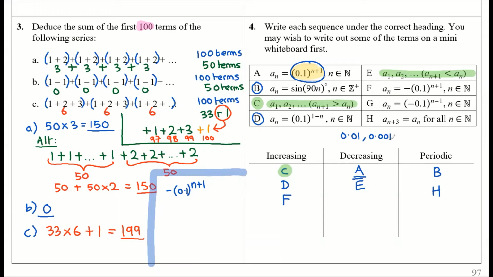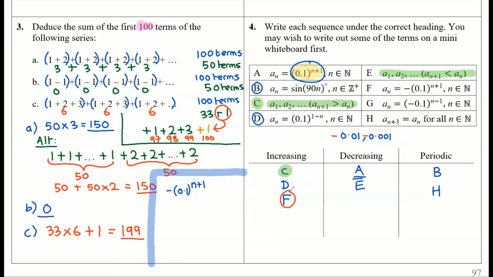Okay, now if you change the signs of those very quickly, you can see that's now increasing. It's getting closer and closer to 0, but never quite getting there. So it's increasing, but the gradient, if you think of it as a continuous function, is getting closer and closer to 0. All right, so that's why F is increasing here.